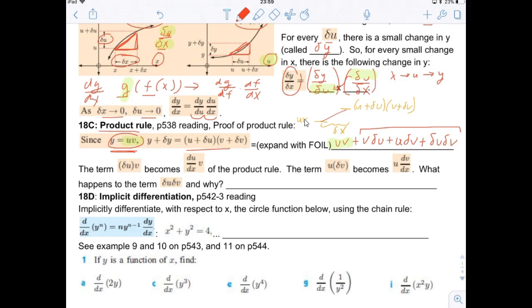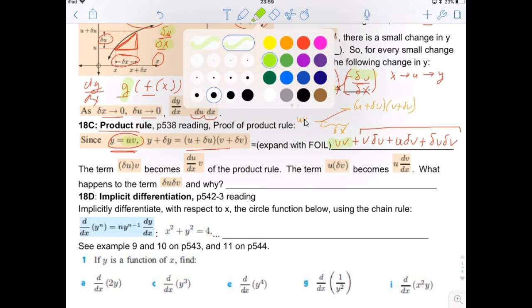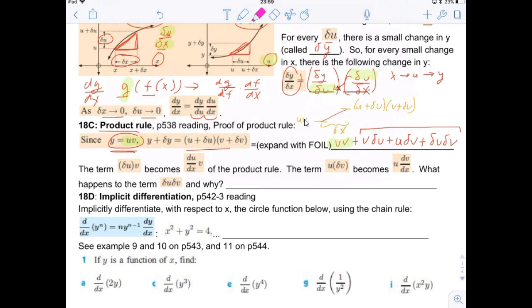Now what happens to these three terms? Well, two of these terms are bigger than the other term. Remember that delta something is a length which is going to be shrunk down until it's infinitesimally small, right? But this term here, delta u times delta v, is even smaller, because it's an almost zero thing times an almost zero thing, which is a doubly zero thing.